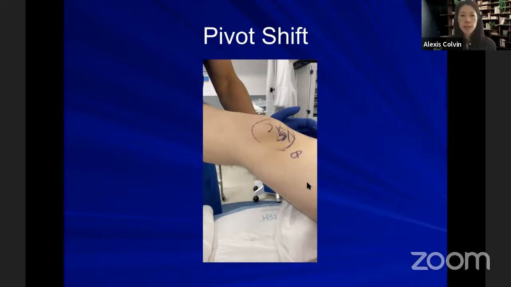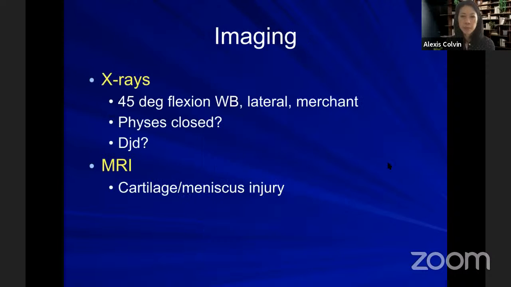So in terms of the next steps in evaluation, usually the next thing is x-rays. The x-rays are important for a number of things. One is, of course, when someone comes in and can't put weight on their leg or had an injury and a lot of swelling, the x-rays are important just to make sure they didn't have a fracture or anything broken.